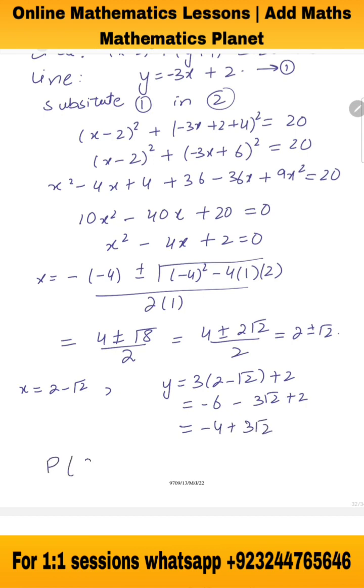The coordinates of P are 2 minus square root 2, minus 4 plus 3 square root 2.